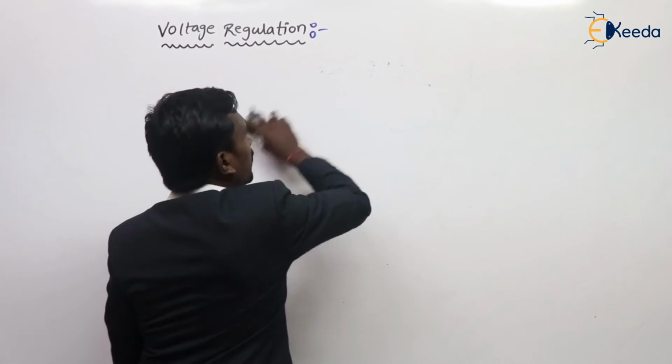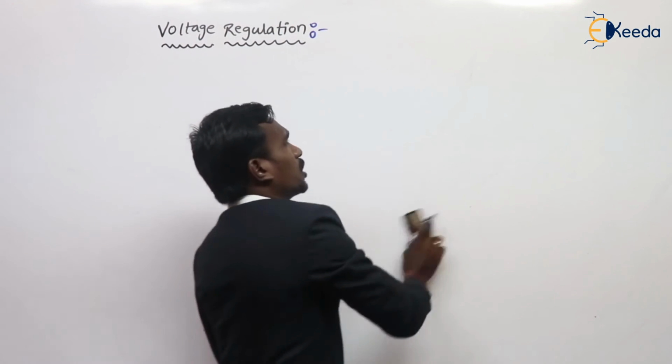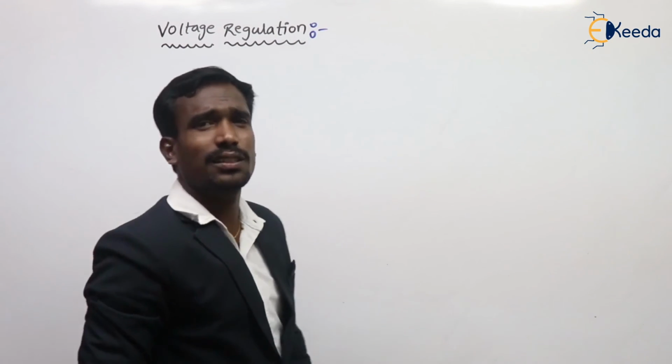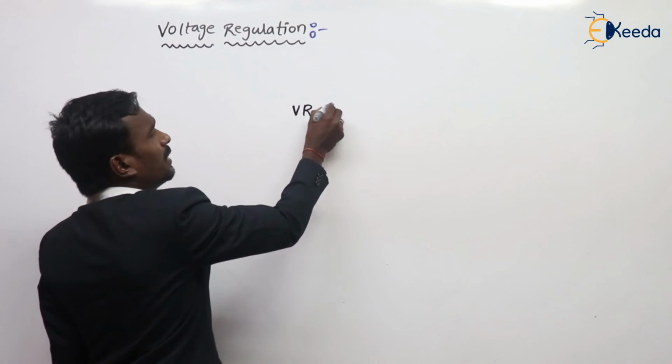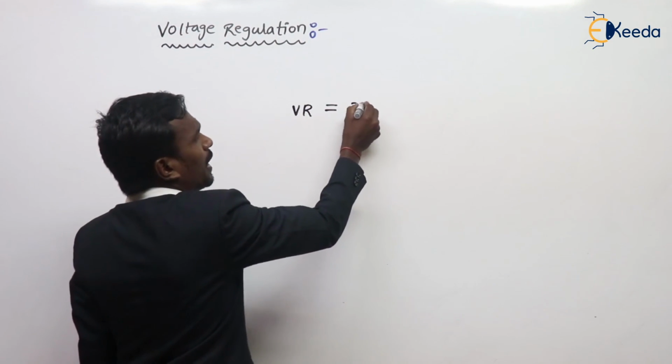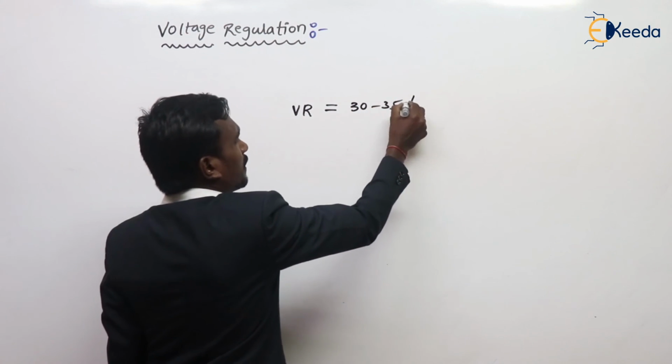Next, a small point. Generally, when synchronous machines or alternators are designed, the voltage regulation is around 30 to 35%.